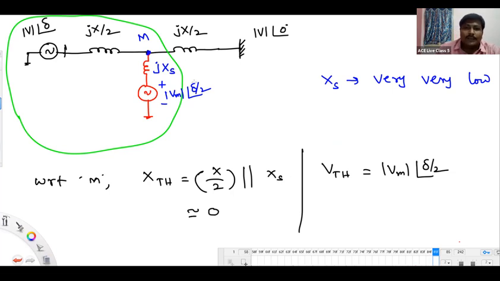Now, if you redraw this whole network into its Thevenin equivalent model, in the next slide I will show. The Thevenin voltage source I will keep as mod Vm at an angle delta by 2. Thevenin reactance is 0, so remove it. The next load will be jX by 2 associated with the infinite bus.